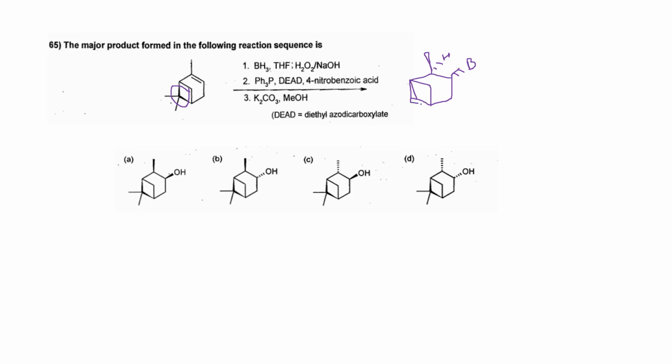Just by seeing the stereochemistry of the substrate, you have to determine which attack will be preferable. Because of this ring structure, this boron prefers to come from below the plane. Now through oxidation, this carbon-boron bond will be substituted with a carbon-oxygen bond and there will be an OH.